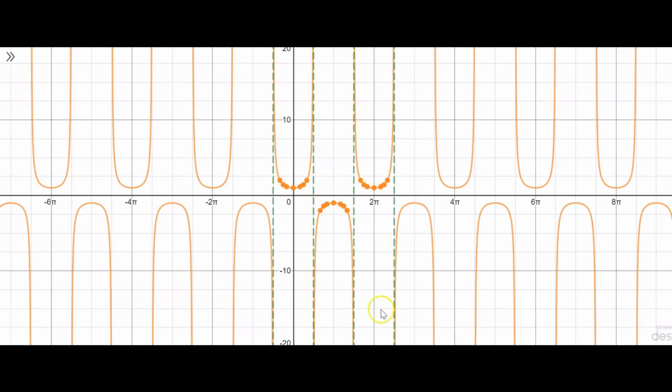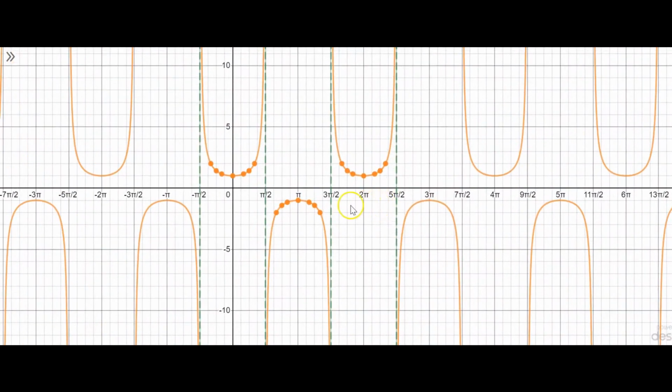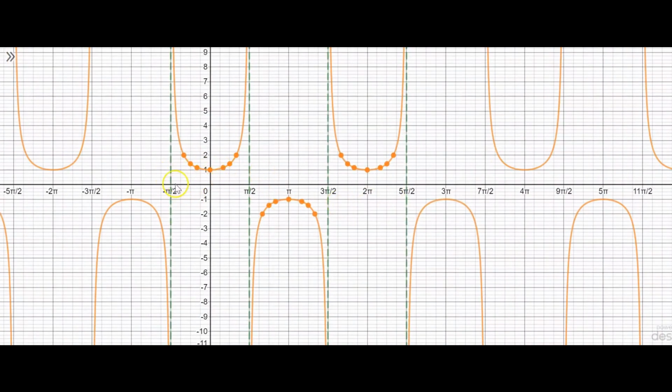Then it comes from the top, then it comes from the bottom, then it comes from the top, then it comes from the bottom. And it looks like the vertical asymptotes are separated by one pi, but on the half pi increments. So we start at negative pi over 2, then add 1 pi, and we get pi over 2, another vertical asymptote. Add 1 pi, we get 3 pi over 2, another vertical asymptote. Add 1 pi, and we're at 5 pi over 2.